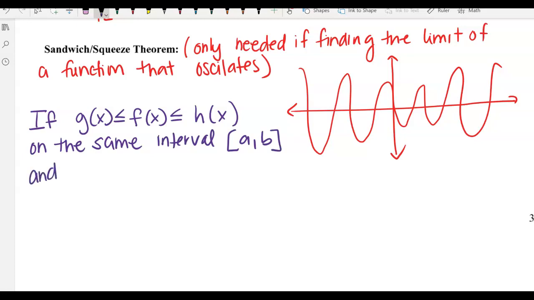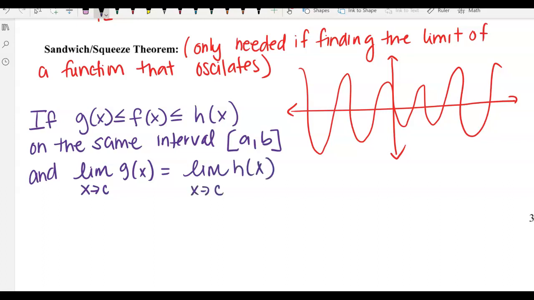And if the limit as x approaches c of g of x is identical to the limit as x approaches c of h of x, and let's say they're going to come out to be a nice answer L, whatever L may be.